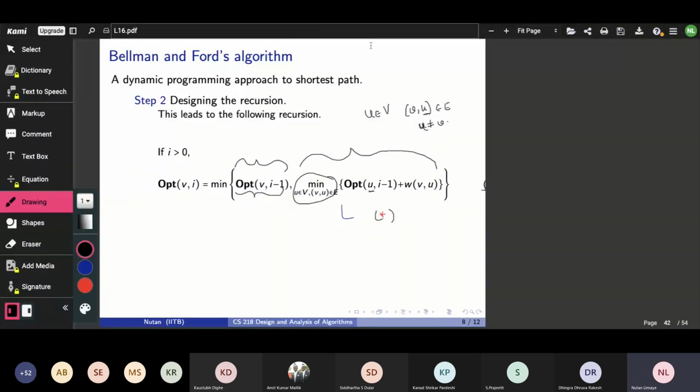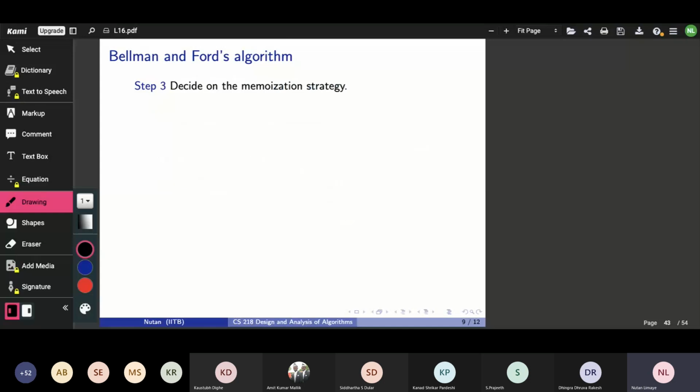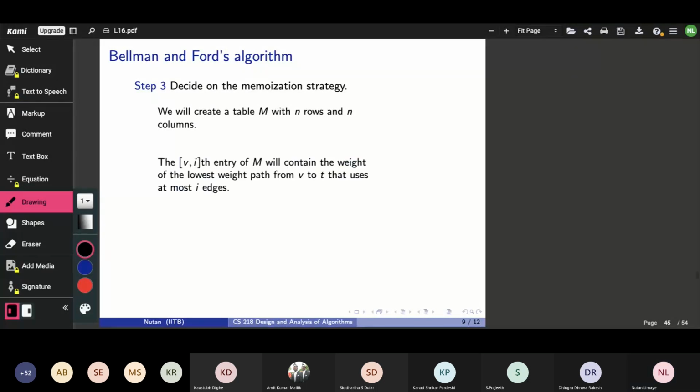Okay, let's go over to step 3 then. We have to decide the memoization strategy, and let me tell you, this is kind of the easy part of it. Now, we create a table M with n rows and n columns, and the v comma i-th entry of M will contain the weight of the lowest weight path from v to t that uses at most i edges.